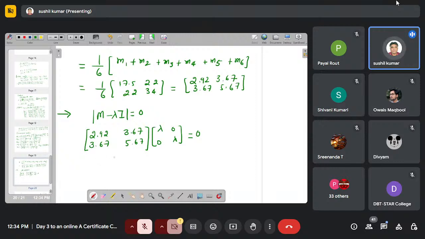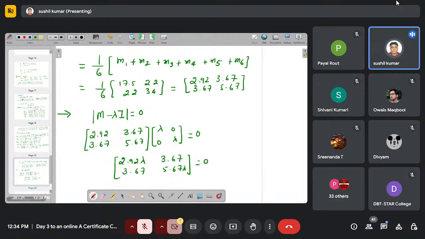Okay, and you can do this calculation: 2.92 minus lambda, 3.67, 3.67 and 5.67 minus lambda, is equal to 0.